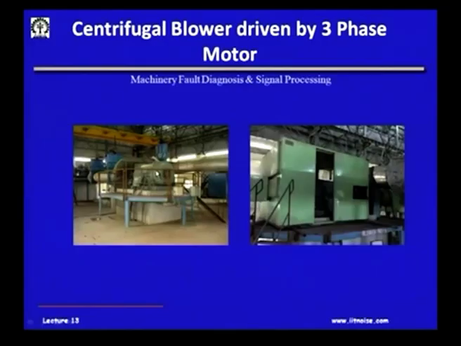There are about 5 such blowers, each one operating at close to 2900 RPM. And then you will see all of this. There are a lot of valves here, because these 5 blowers are in series, and eventually they take in the air and feed it to the blast furnace. Okay.